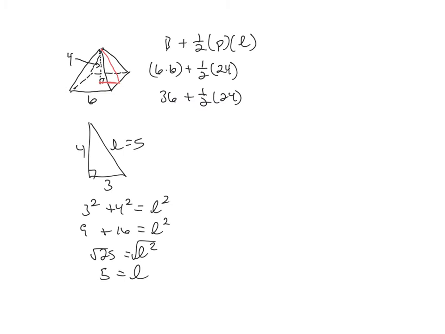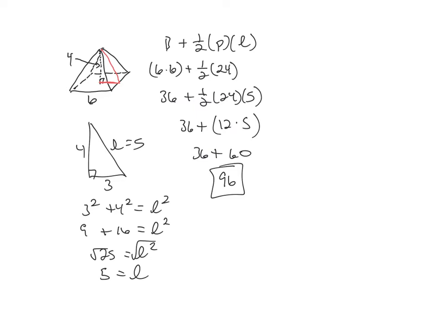Okay, again, if you just remember 3, 4, 5, I don't care if you write that Pythagorean theorem part down or not. Okay, so we have 36 plus half of 24 is 12 times 5 is 60, and the surface area of all of it is 96.